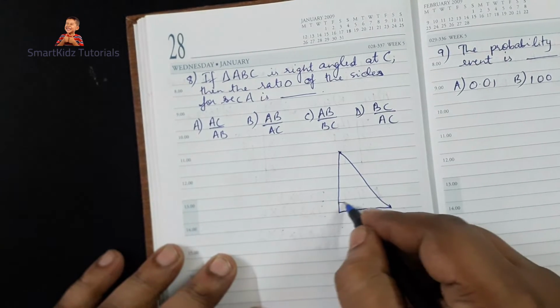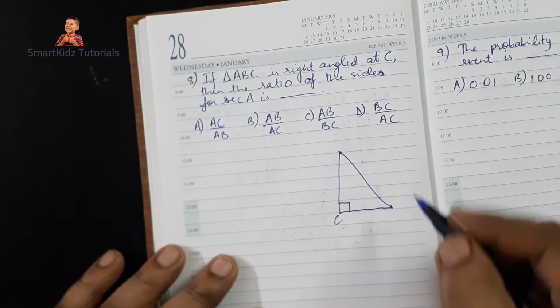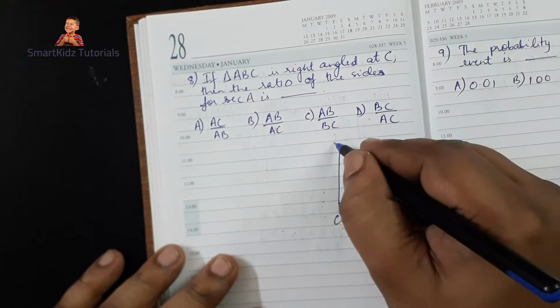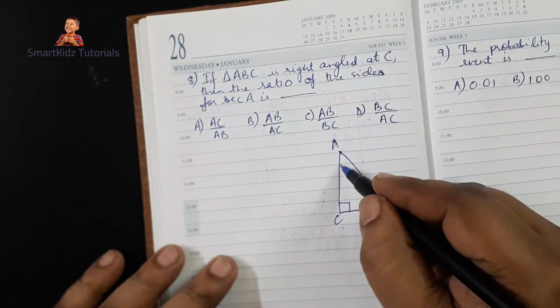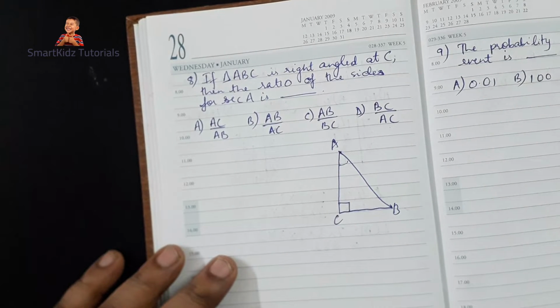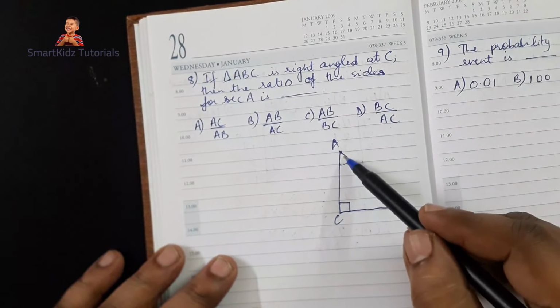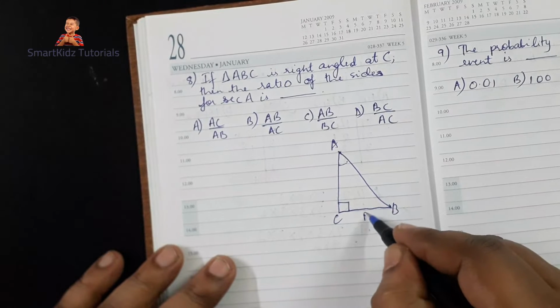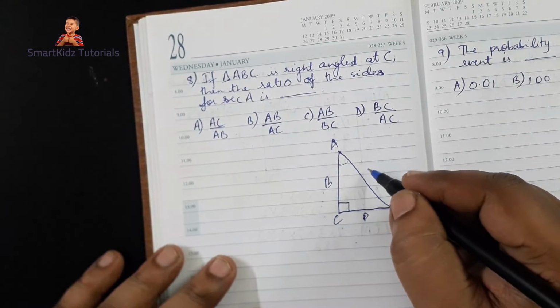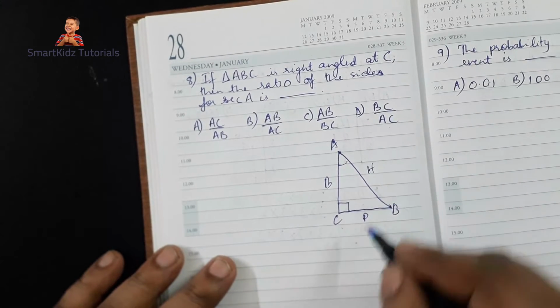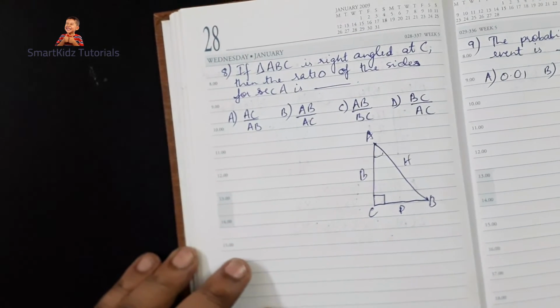It says right angled at C, so I'm going to put A over here, B and C. We need to find sec A. So for angle A, the perpendicular will be BC, the base will be AC, and the hypotenuse will be AB.